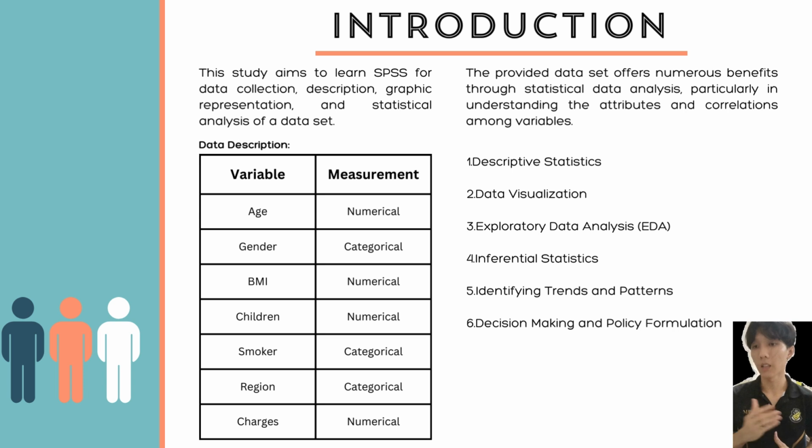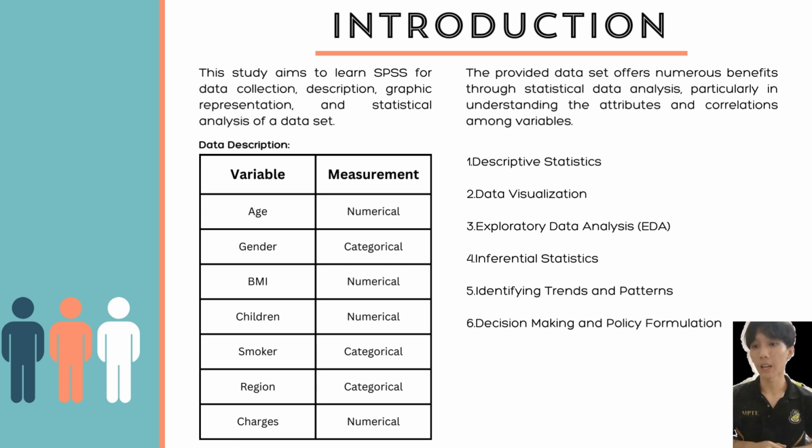The provided data set offers numerous benefits through statistical data analysis, particularly in understanding the attributes and correlations among variables. The first one is descriptive statistics. Summarizing statistics and analyzing variables like age, BMI, children, and charges help in understanding the data, central tendency, and dispersion, providing insight into the dataset composition.